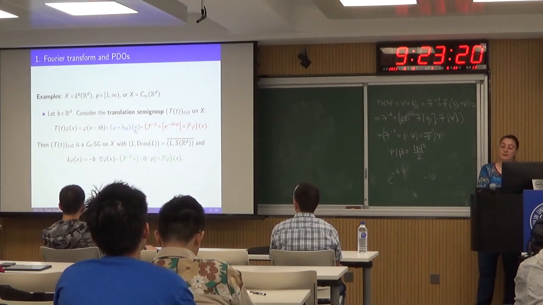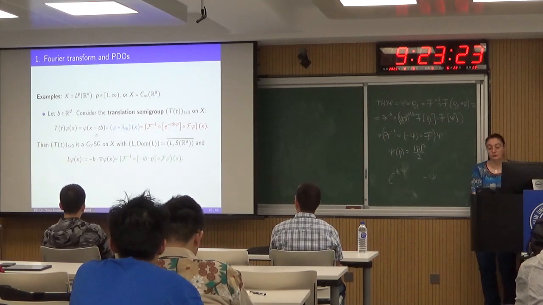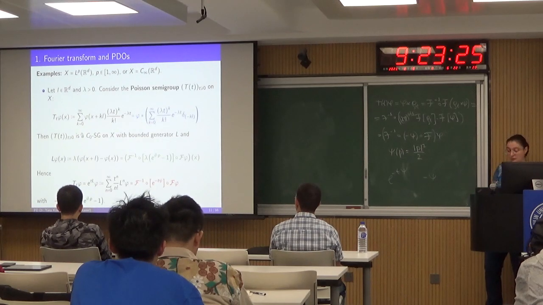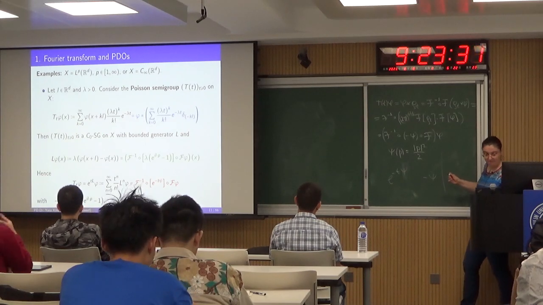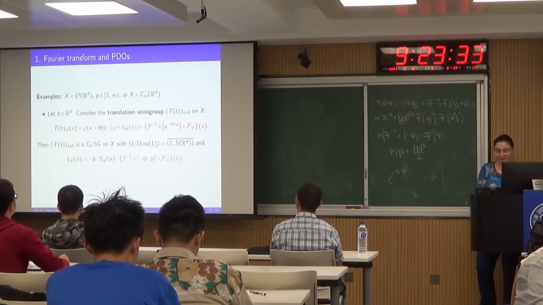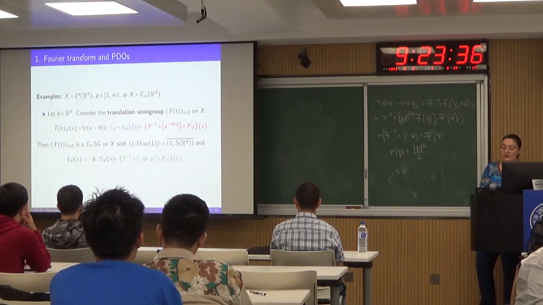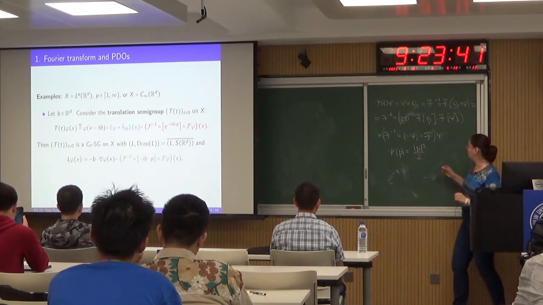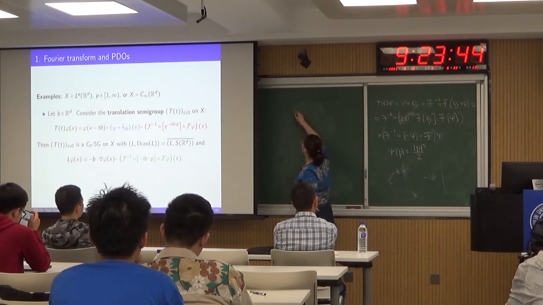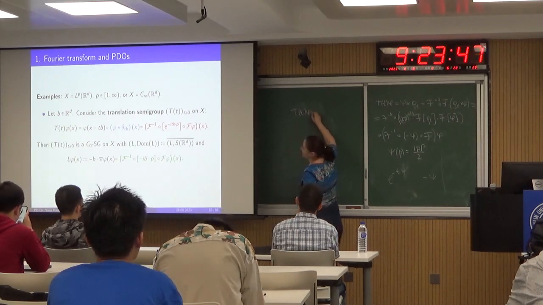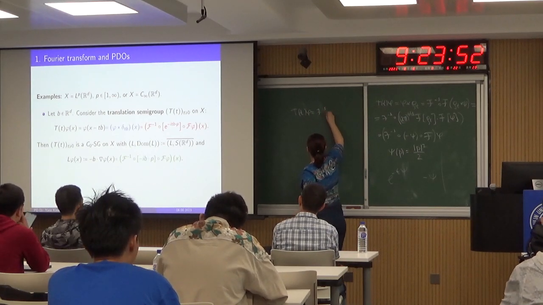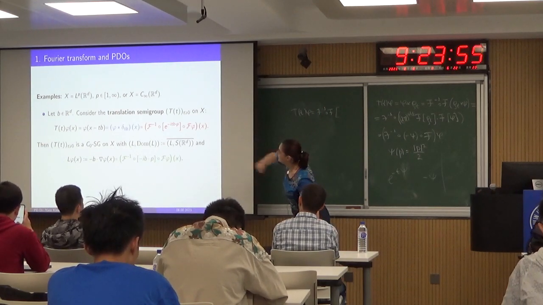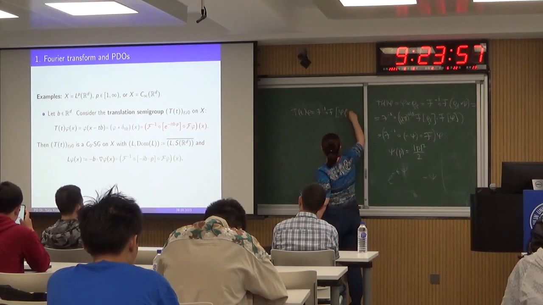On the other hand, again, assuming that phi is a good function, what we can do is insert the Fourier transform and compose with Fourier here. So let me write it down. Tt of phi is equal to, for good phi, Fourier inverse composed with Fourier applied to the function phi at the points.